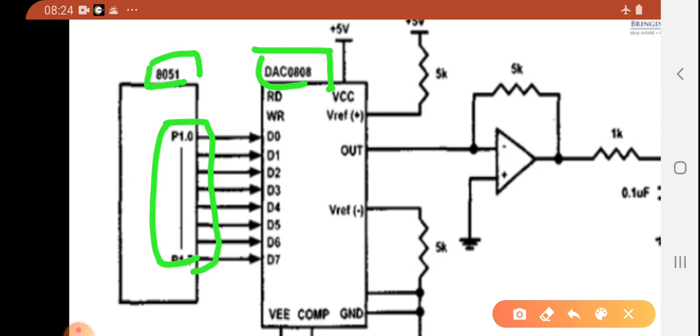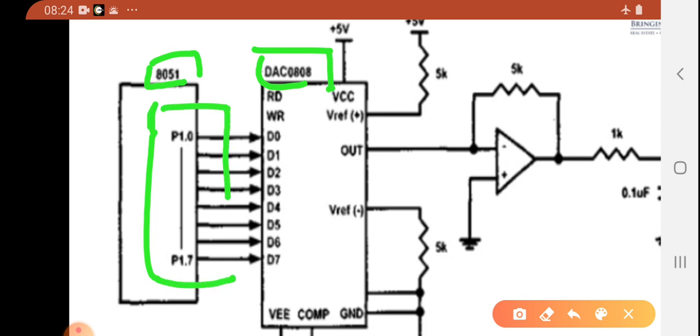Through port 1 we have connected the DAC to the 8051 microcontroller. So all the 8 bits of port 1 are connected to the data pins of DAC, D0 to D7. These will be the inputs. So the microcontroller provides the digital data from port 1, and this data will be input to D0 to D7.